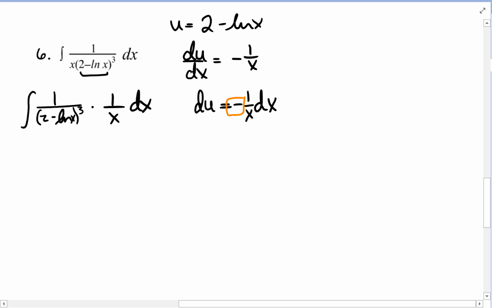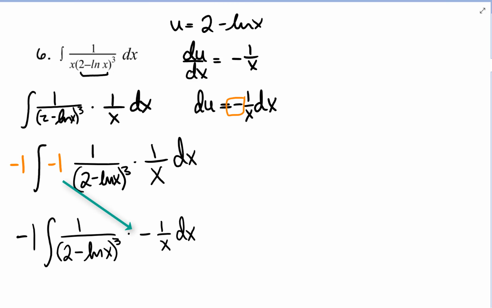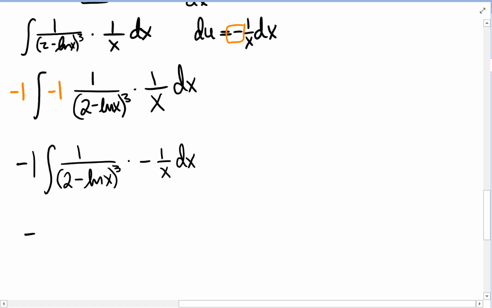So we're going to have to multiply this integral by a special form of the number 1, negative 1 times negative 1. Okay, and then I moved the negative so that it looks exactly like the du that we have, to make it visually easy to see the transition when we substitute u. So 1 over u cubed du.